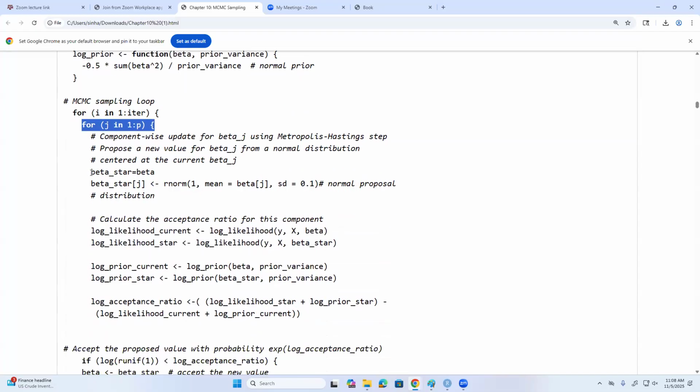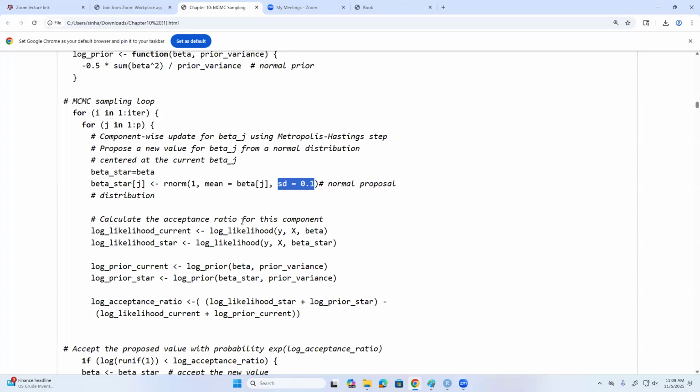Here what I'm doing is sampling beta star j, the jth component of the beta vector, from a proposal distribution. I took a normal proposal distribution with the previous iteration value beta sub j as the mean and a standard deviation of 0.1. This is the proposal standard deviation.